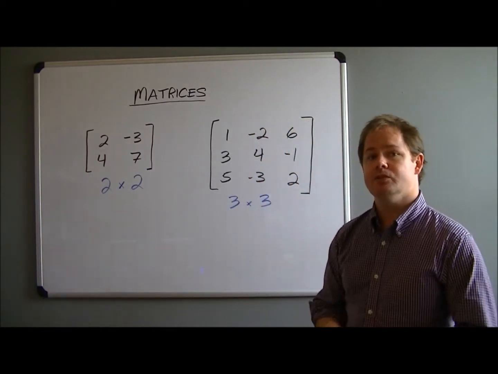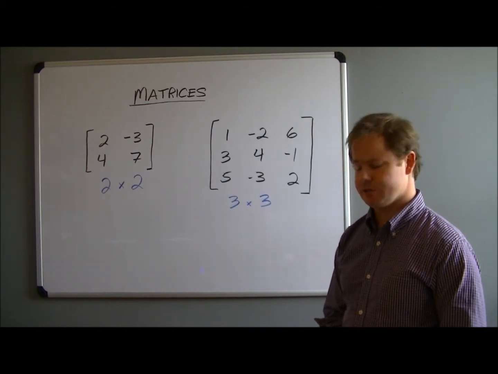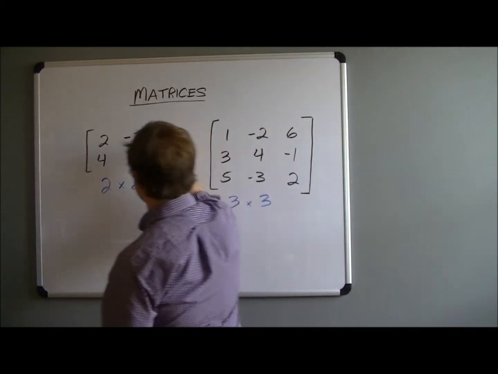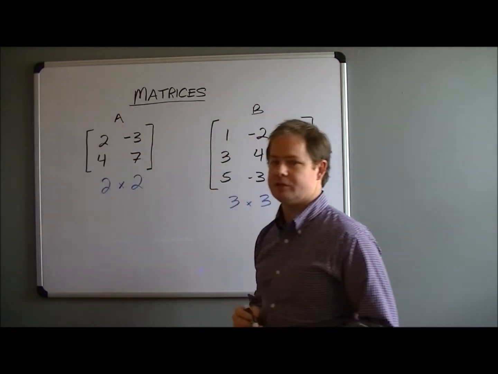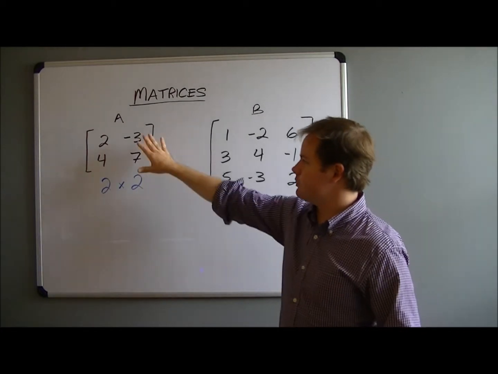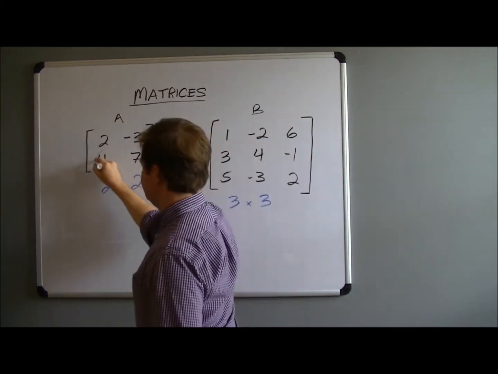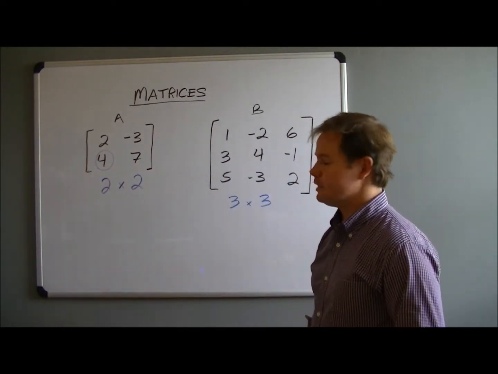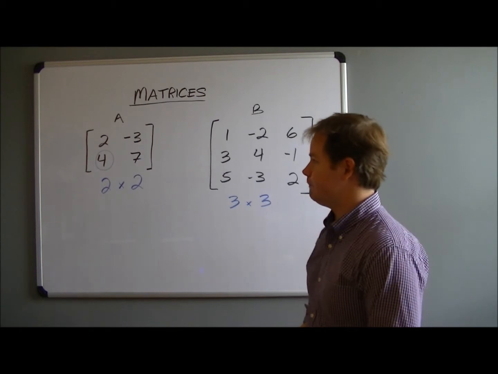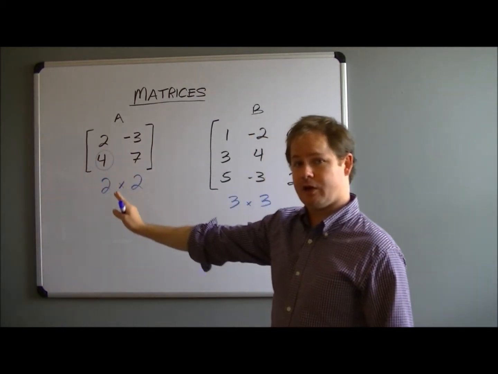Now when it comes to actually naming individual terms in a particular matrix, for right now let's refer to this first matrix that we looked at as matrix A and the second one as matrix B. So in matrix A, let's say for example we wanted to refer to this term, which is a 4. If we take a look at where that 4 is located, we see that it's located in the second row and in the first column.